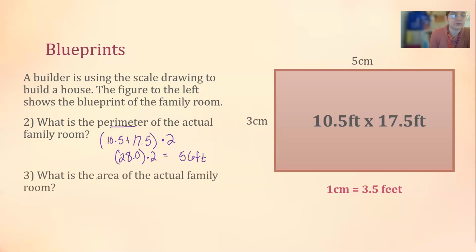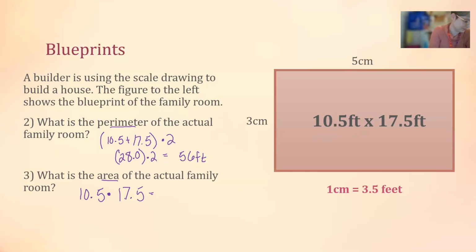Now, what is the actual area of the family room? So again, we're going to use our 17.5 and our 10.5. And we find area by multiplying our length times our width. So we're going to multiply these two numbers together. And forgive me, I'm not going to do this in my head. I'm going to use my calculator.